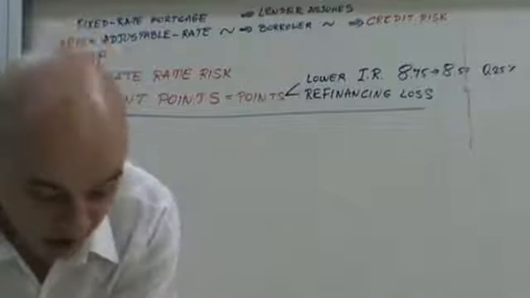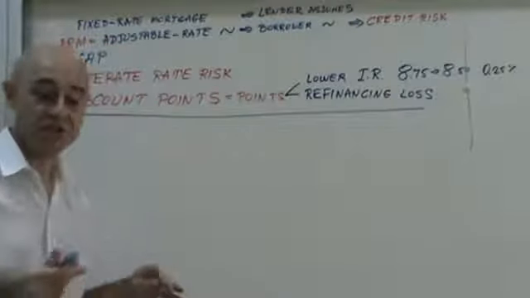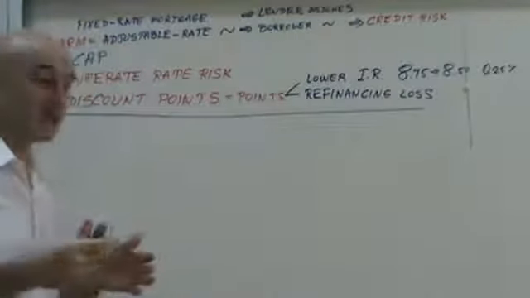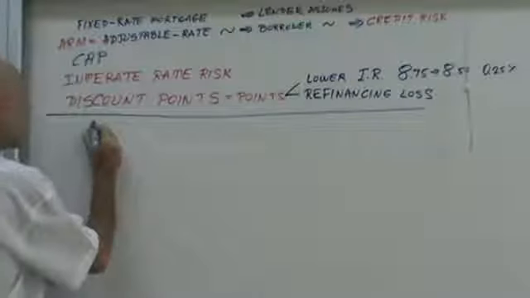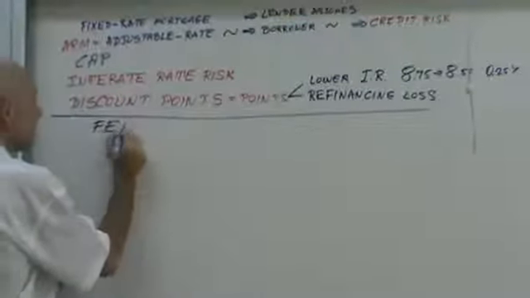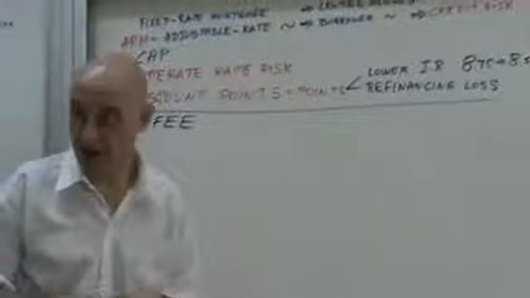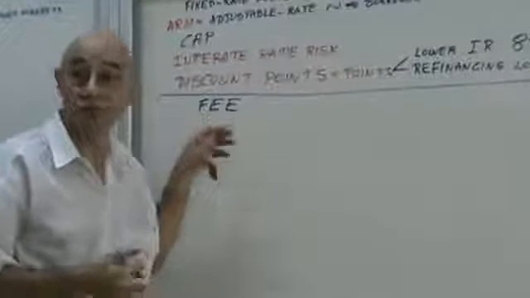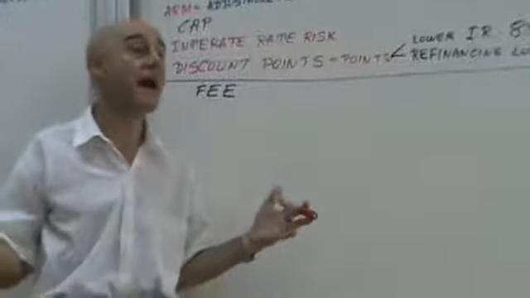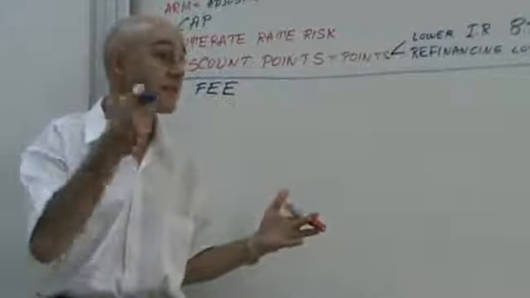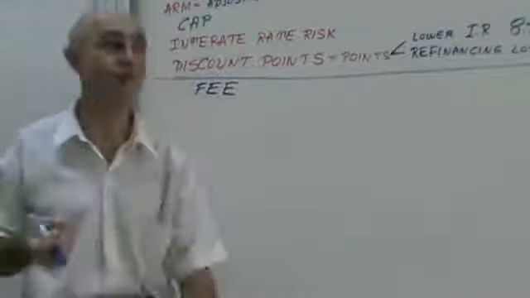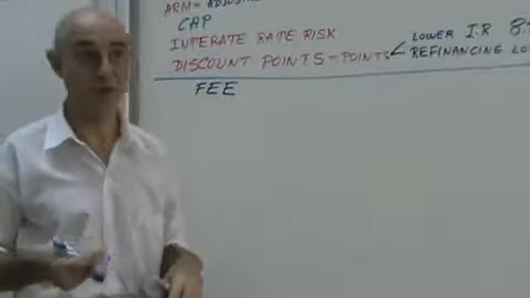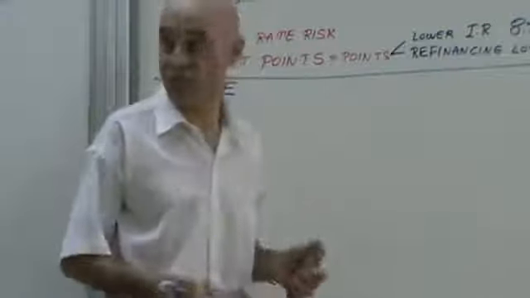So, we come to the magic of fees. A fee is an amount of money which the banker charges for some sort of a banking service. Could be a transfer fee, withdrawal fee, ATM fee.